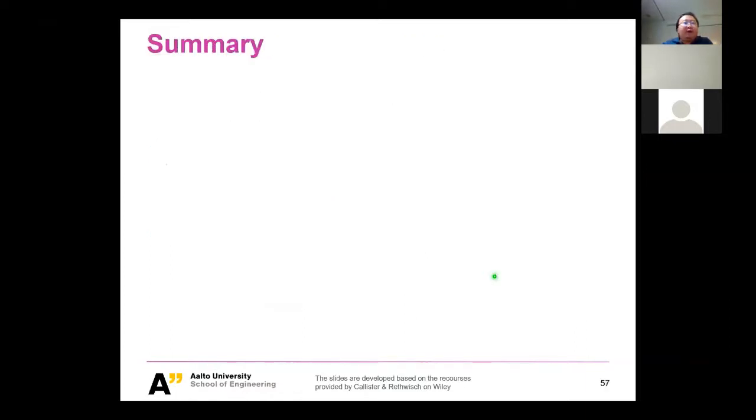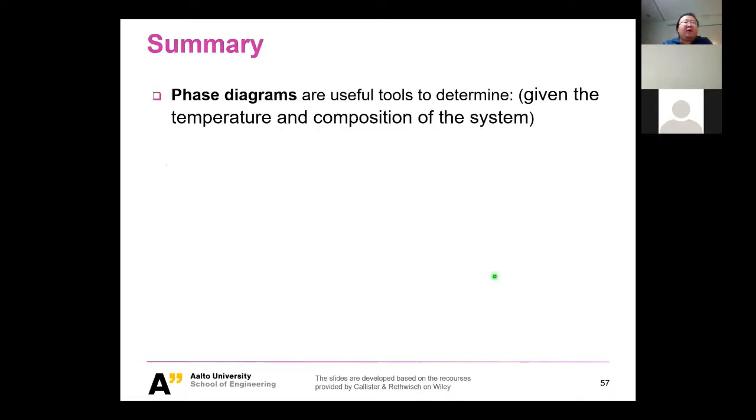All right, I think it's time for you to have a quick summary about phase diagram. So in the phase diagram chapter, I introduced you to many concepts about solubility, about mixture, about component, about phase, everything. But the most important thing is for you to know phase diagram is a useful tool to do a few things.